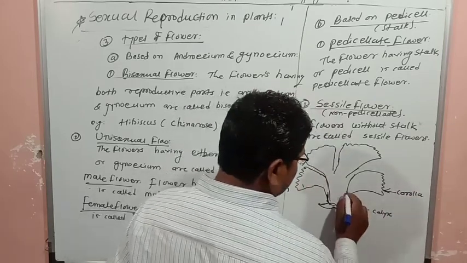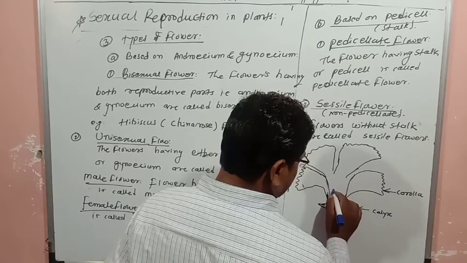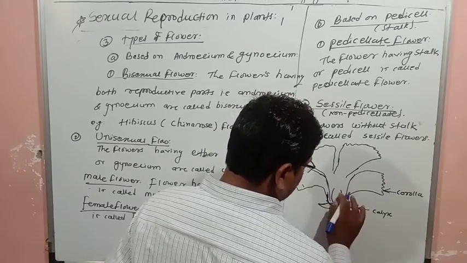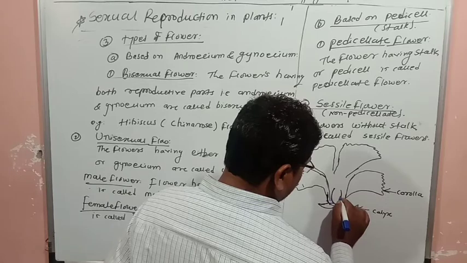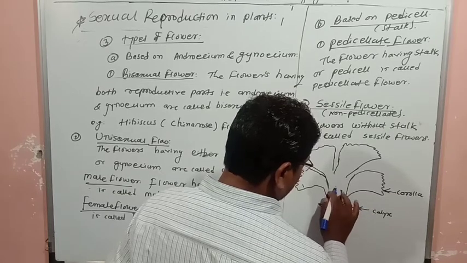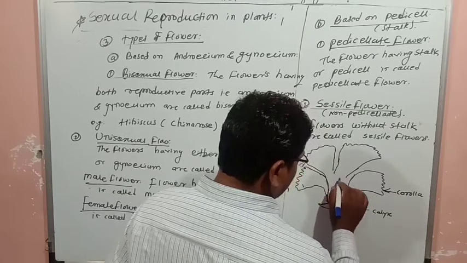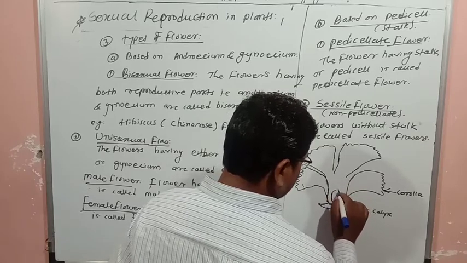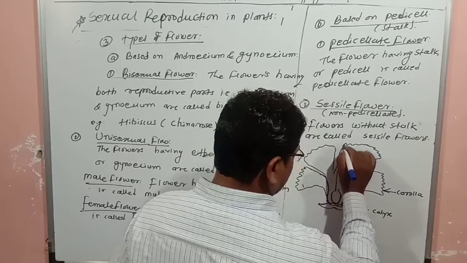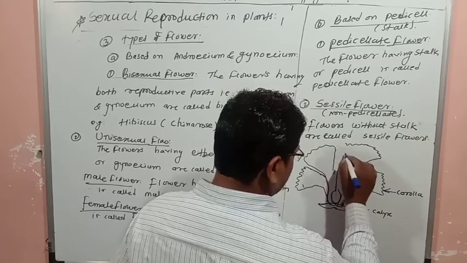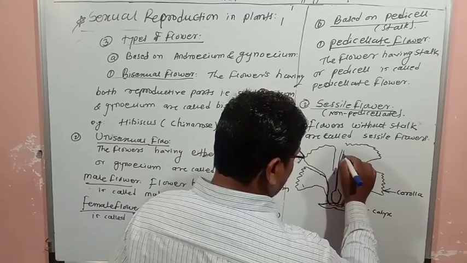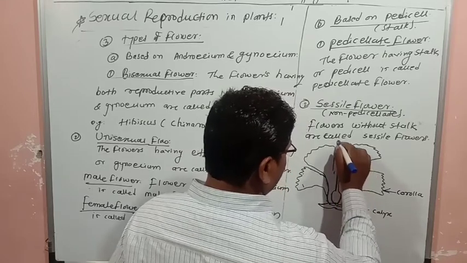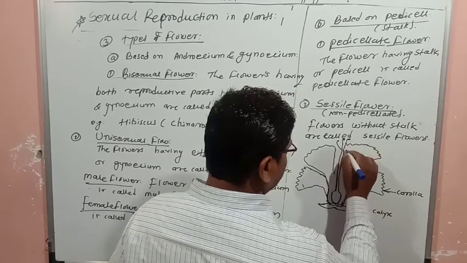Now the middle one, the ovary, will be there, and from here the ovary, and here the stigma is there.